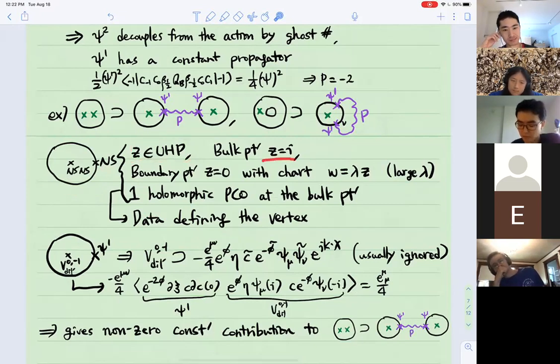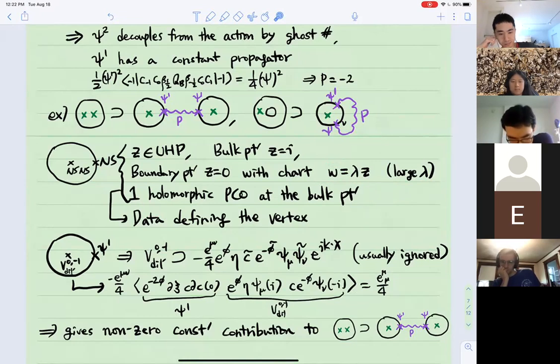At the bulk point, we put an I, but we are not going to specify the coordinate choice around the bulk because they are always going to be unshelled for us. But for the boundary point, which we put at 0, we actually have to make a coordinate choice. So we make a simple coordinate choice where W is the local chart, related to the global chart by simple rescaling, lambda. Roughly speaking, when lambda is large, it's covering a very tiny region around this puncture.